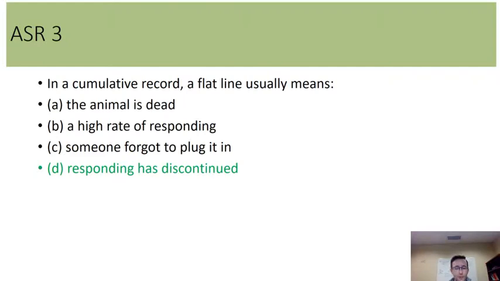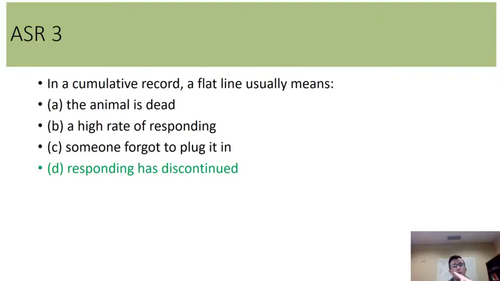So I said this pretty quickly, so if you got this wrong, I wouldn't worry about it too much. I may not have gone into enough detail on this. In the cumulative record, the slope indicates the rate of responding. So when there's a very steep slope, there's a high rate of responding.